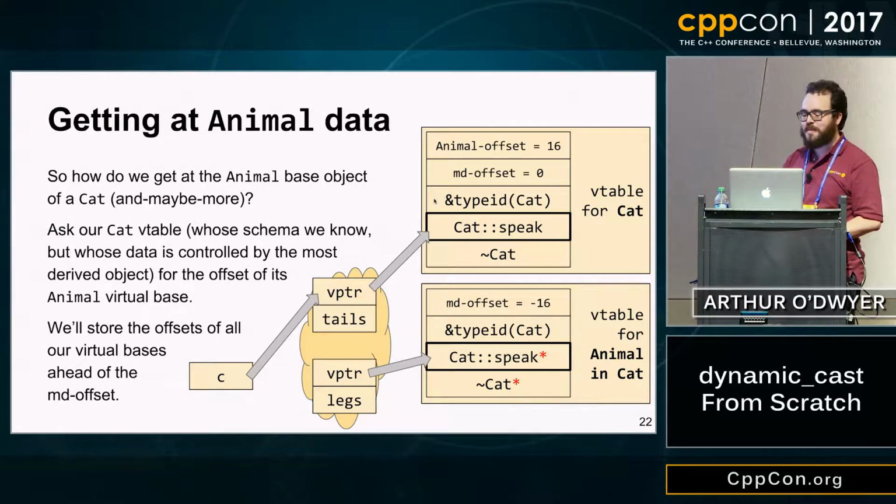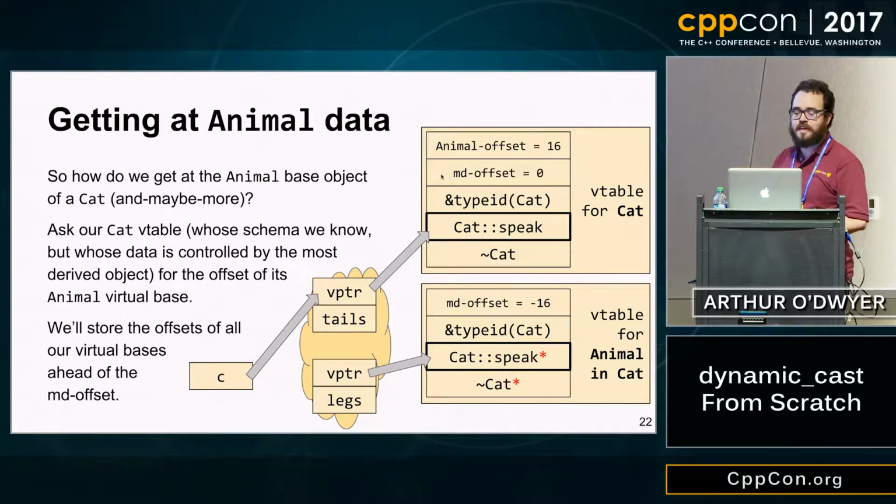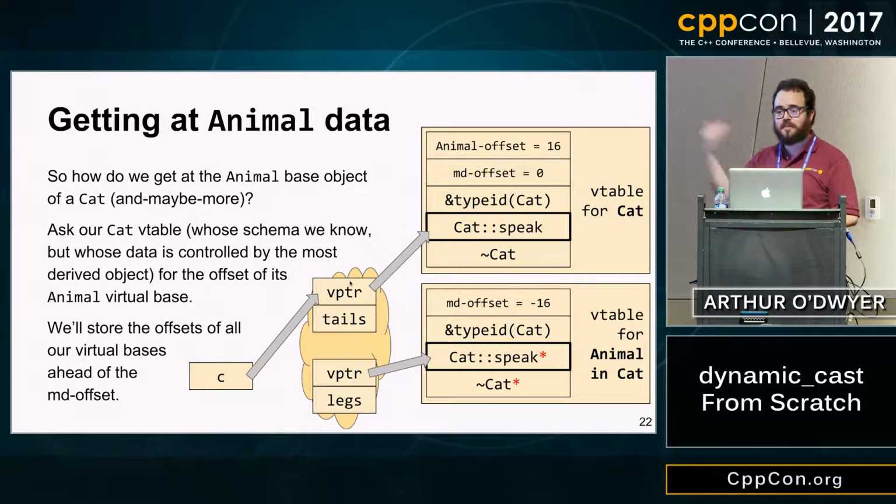Somewhere in the vtable, we also have, I kind of skipped over the most derived offset. It says that this object that I'm pointing to right here, this v-pointer, is actually at the beginning of the object. There's nothing before it. And even before that, I have the fact that my animal virtual base is at offset 16 in this most derived type.